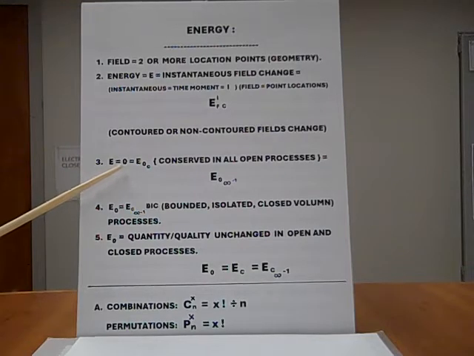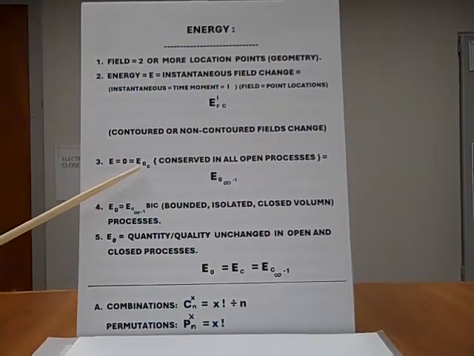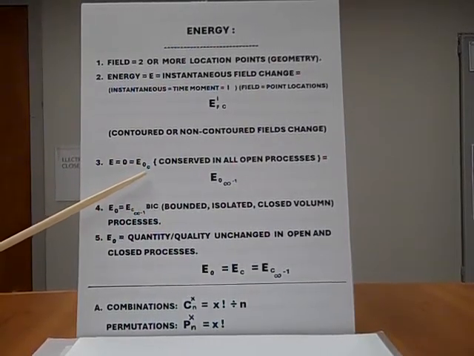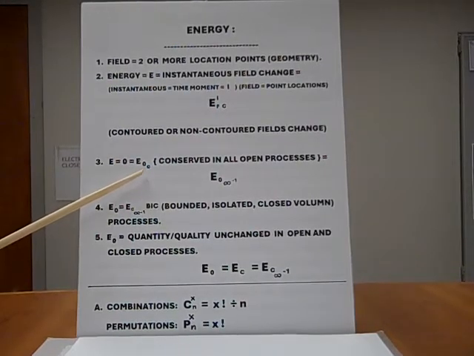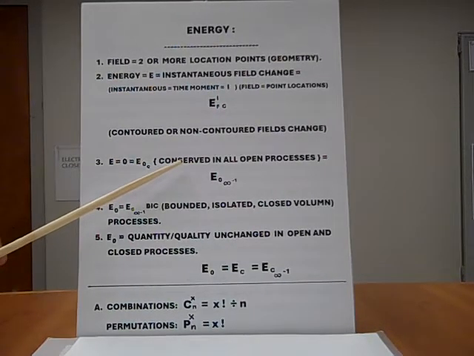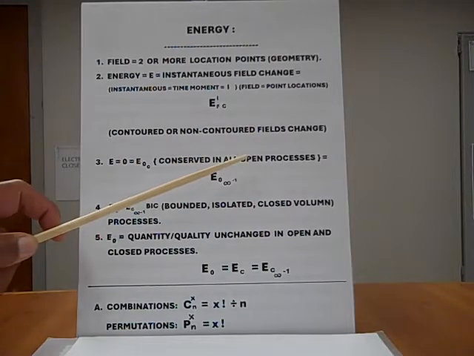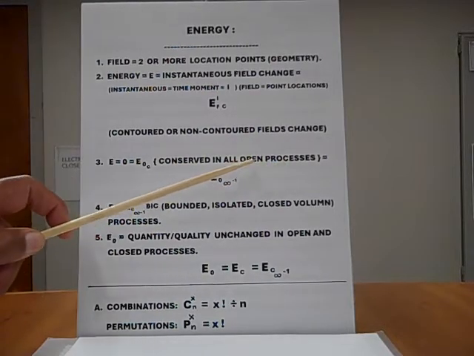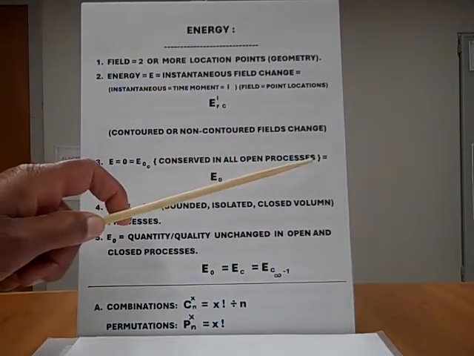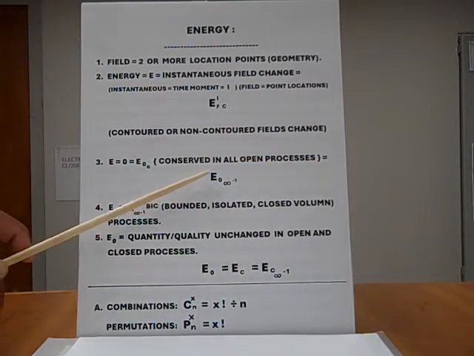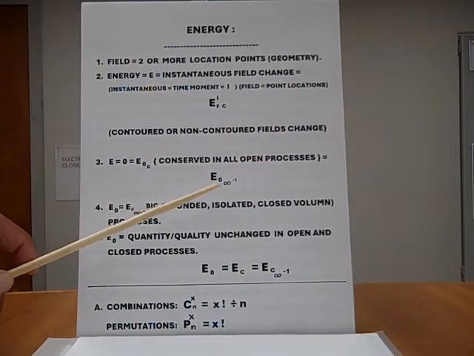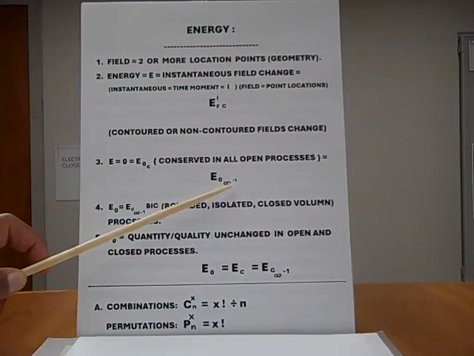Now we'll go to 3. Energy is equal to E subscript 0, which equals E subscript 0 times C. In this particular case, C means that energy is conserved in all open and closed processes, which is equal to energy subscript 0 times infinity minus 1.